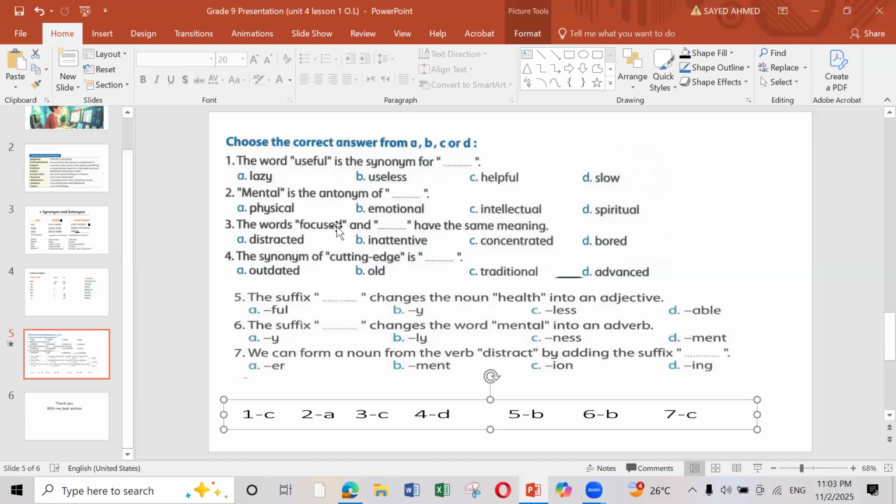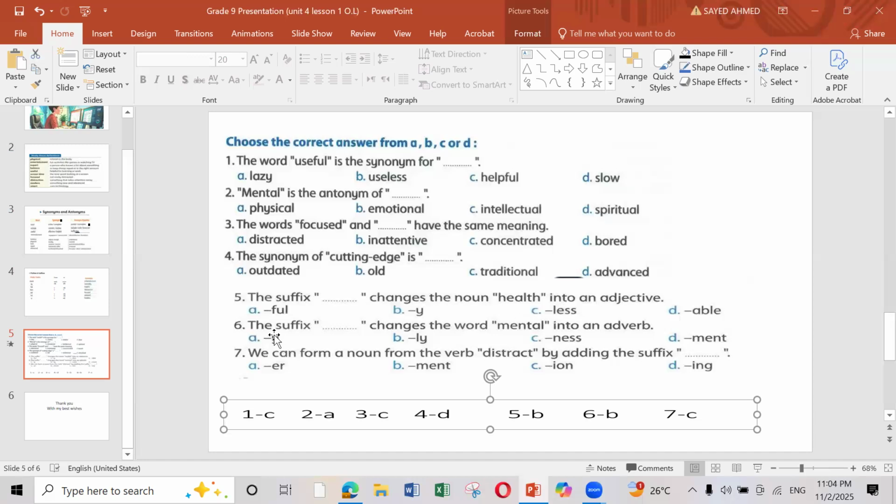The words focused and what have the same meaning? Is it distracted, inattentive, concentrated, bored? The synonym of cutting edge is outdated, old, traditional, advanced. The suffix ful, y, less, able, change the noun health into an adjective.